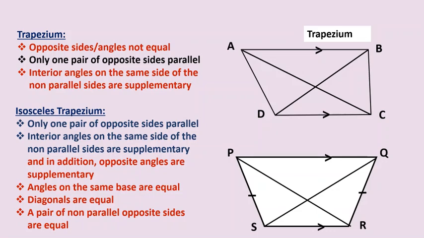Remember that, because S is same as R, and R and Q are supplementary otherwise also. In any trapezium, R and Q are co-interior. But here S and Q also are supplementary because R is same as S. And R and P, both angles are supplementary. S and P also supplementary. Remember that.